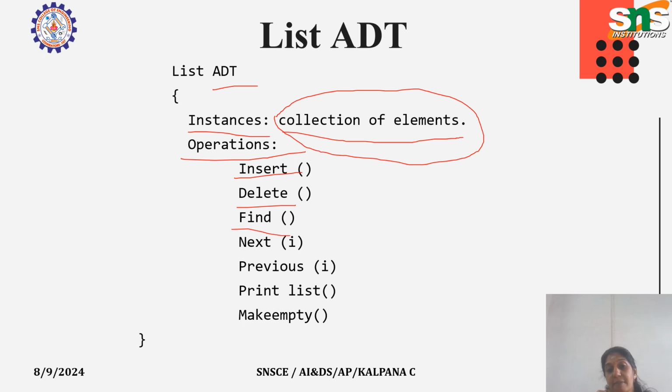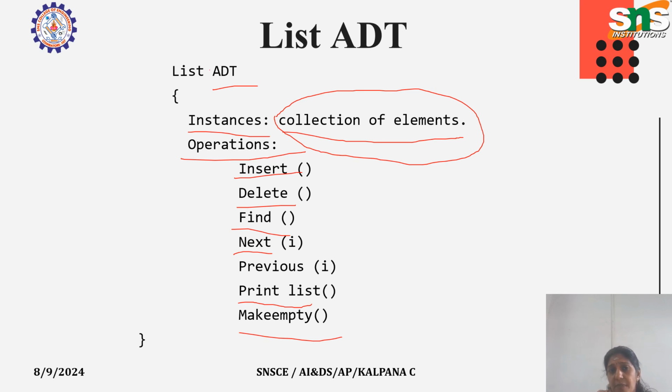We can search for a particular value or item in the list. Then next of I means the next value, previous means the predecessor, and then print list, which means displaying the entire content of the list, and making the list empty. These are all the operations of the list.